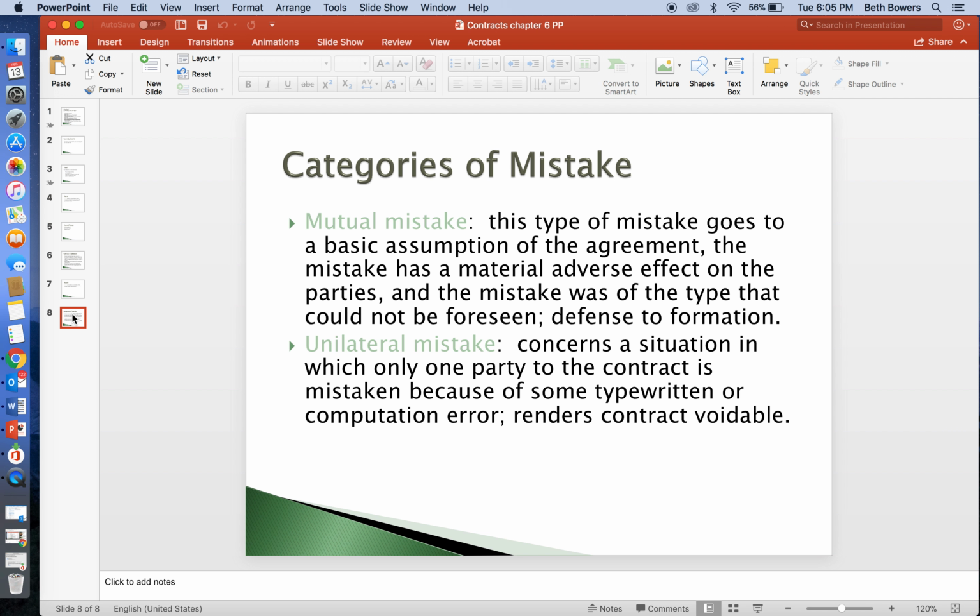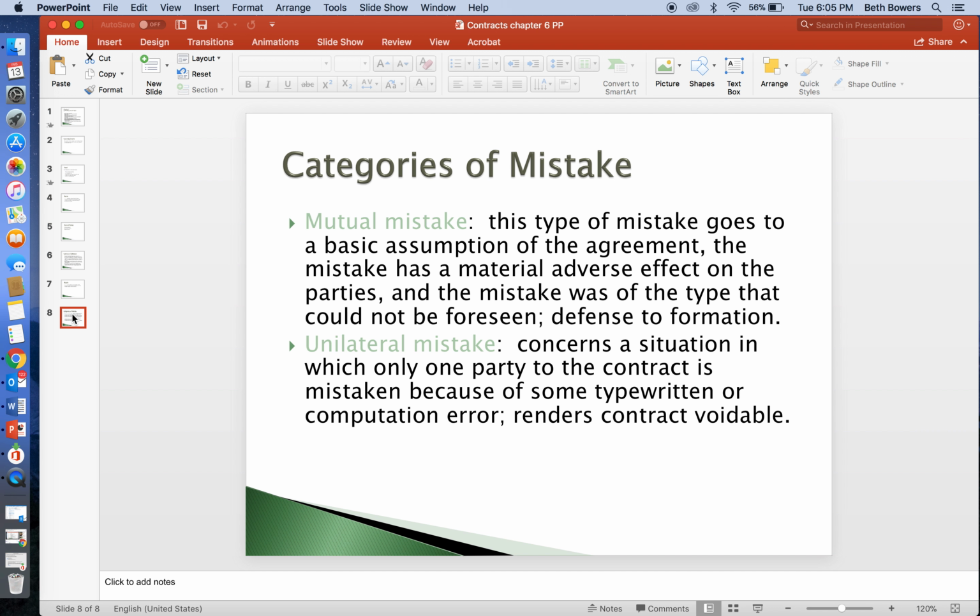So Sheila would not be able to force Kathleen to buy a destroyed home or the remnants of a home on this land, because the house was the basic, critical part of the contract, and there was a mistake about that house still being in existence. So that is not a valid contract.